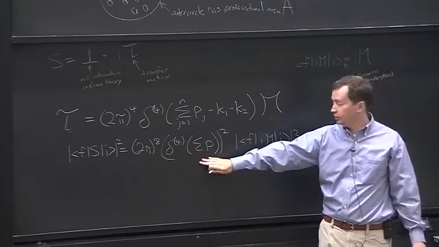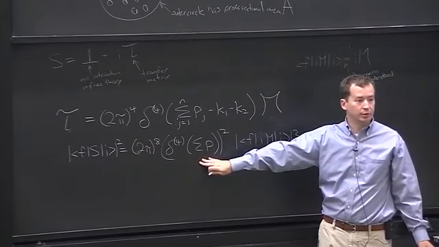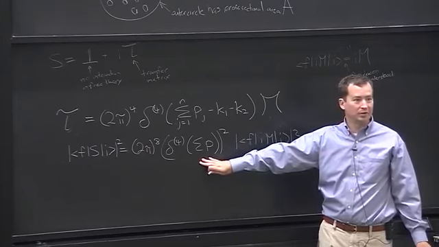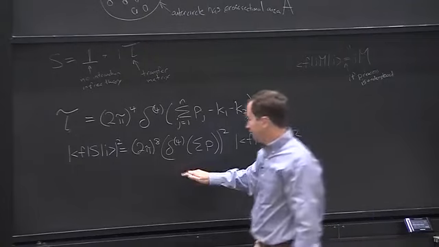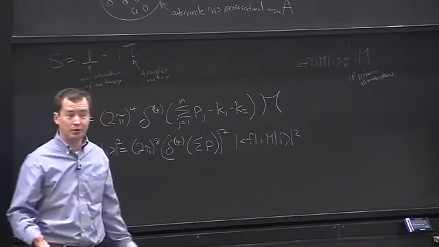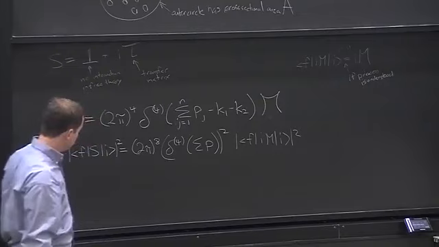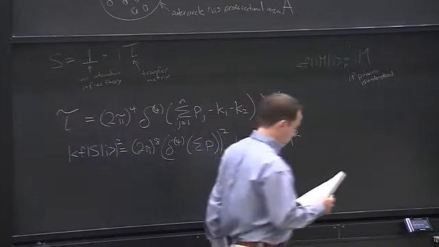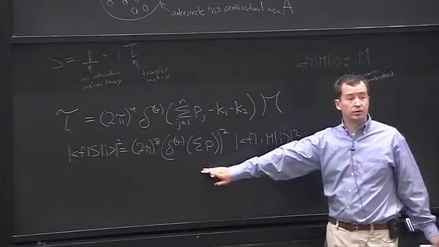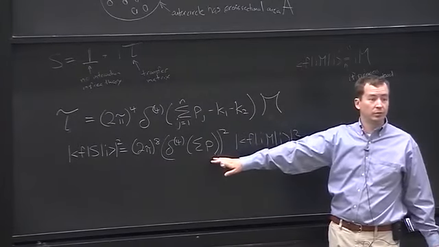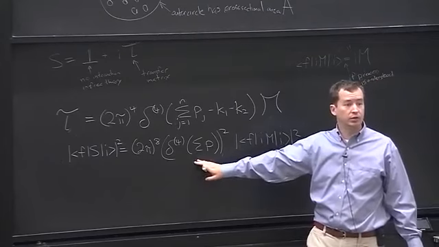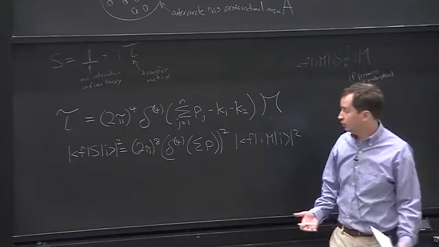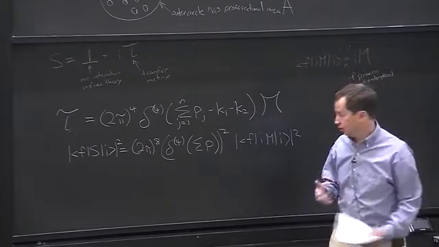Now this should worry you at least a little bit. One of the things I emphasized at the front end is that the theory of distributions is a linear theory. It doesn't make a lot of sense to square a delta. But as we did when we ran into a problematic expression involving a delta yesterday, when we were looking at the ground state energy, we saw that there was a delta of 0 there.